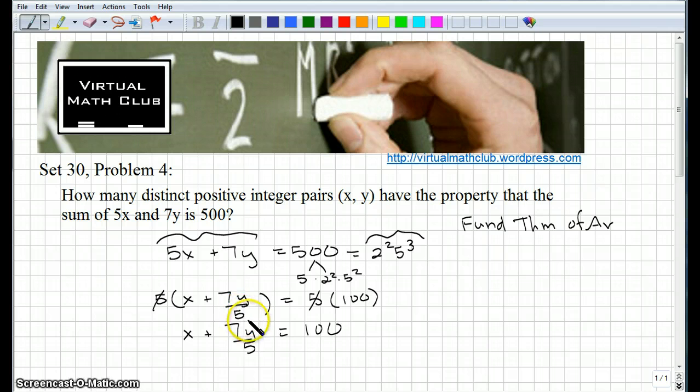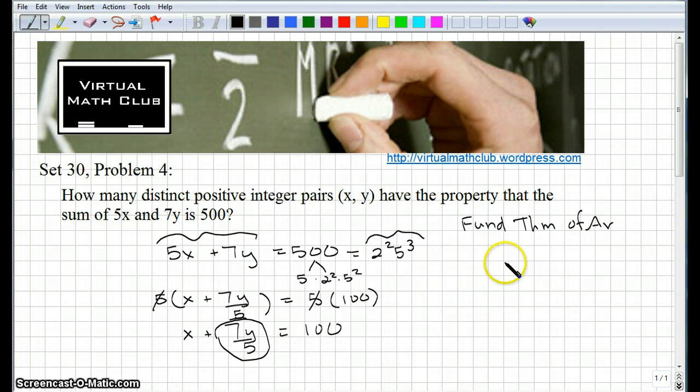So what does that tell you about y? Well, it tells you that y has to be a multiple of 5. Otherwise, it's going to be a fraction, because you can't factor a 5 out of 7. So the factor of 5 has to be in the y term in order to make this an integer. So y has to have a factor of 5.